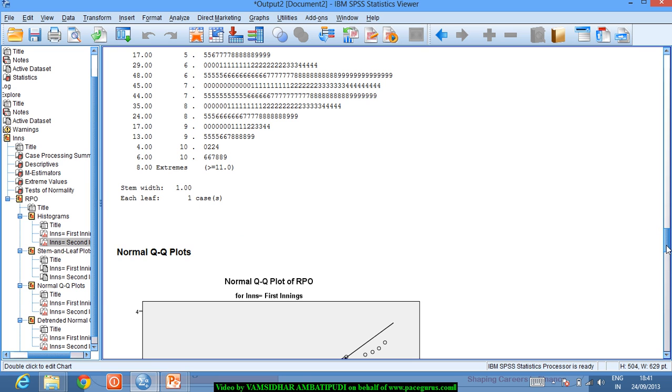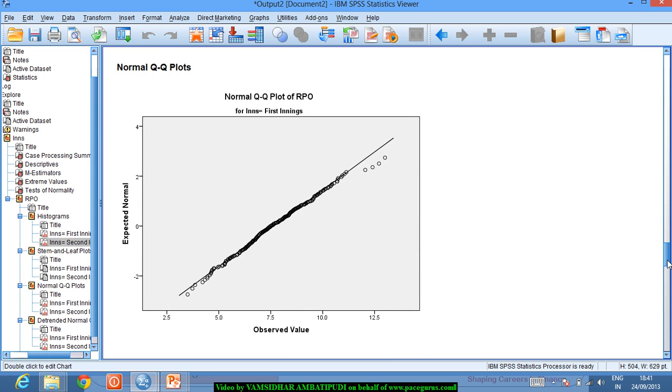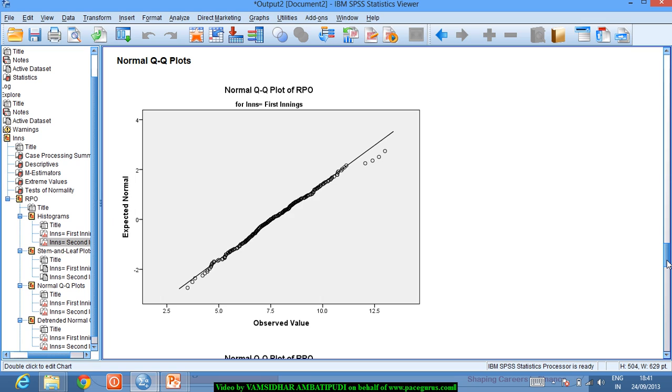There is one more way we look at the plot, which is called the QQ plot, or quantile plot, which is again a test of normality of the data. If the data is more and more normal, we need the graph between the observed value and the expected normal.